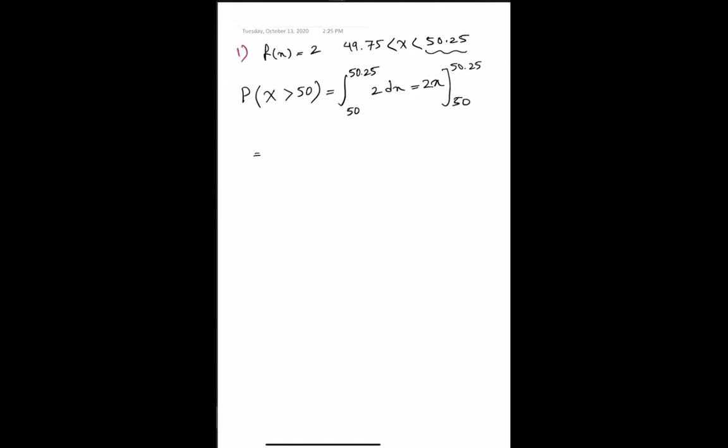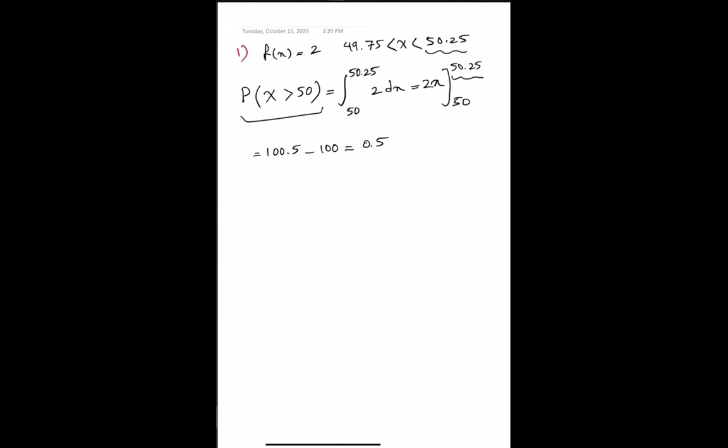And if you put the numbers, when I replace the upper bound, that's going to be 100.5 minus 100, and this is going to be 0.5. So with a chance of 50%, the weight of a package can be greater than 50 pounds.